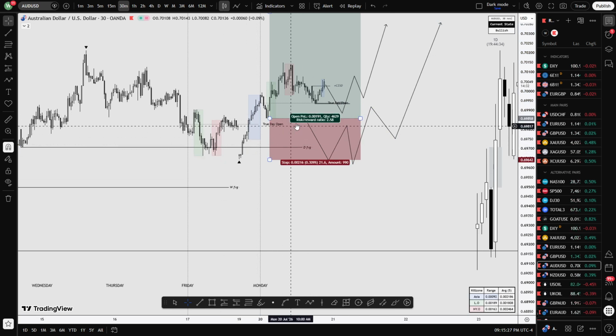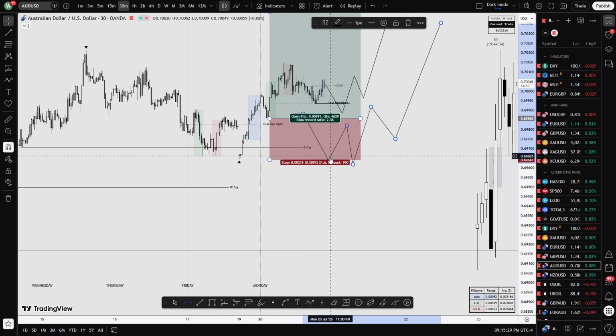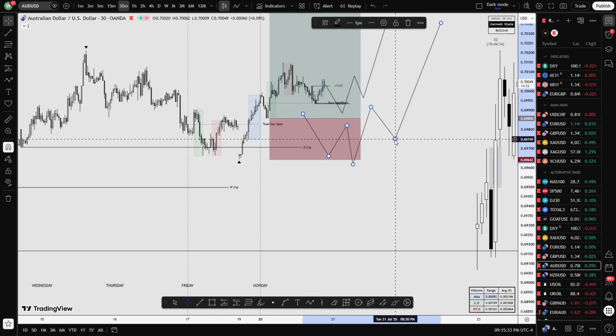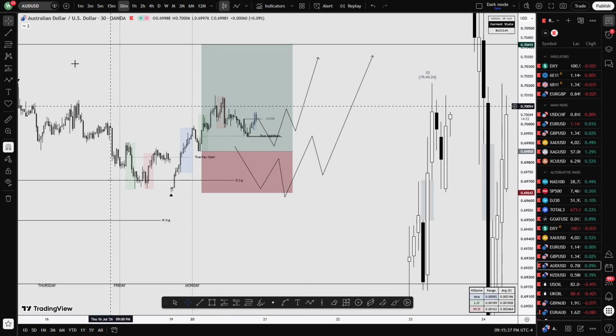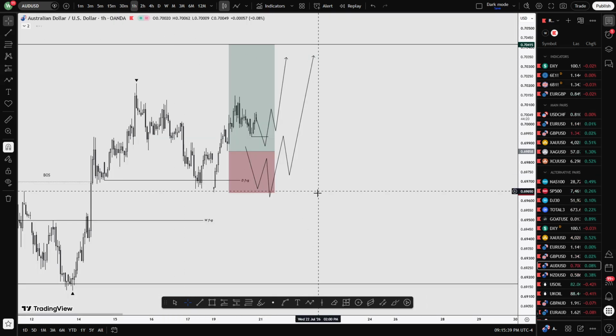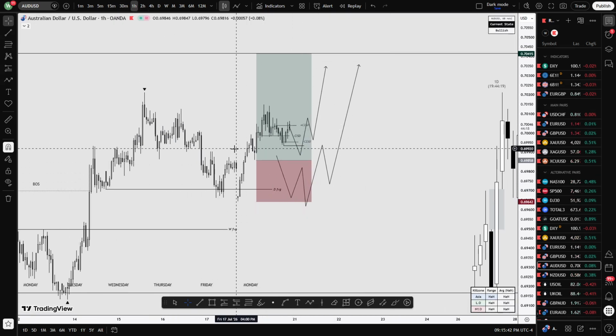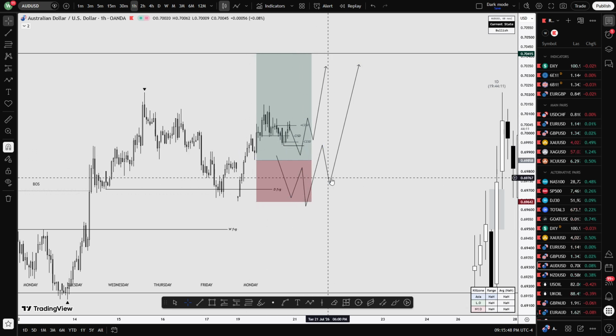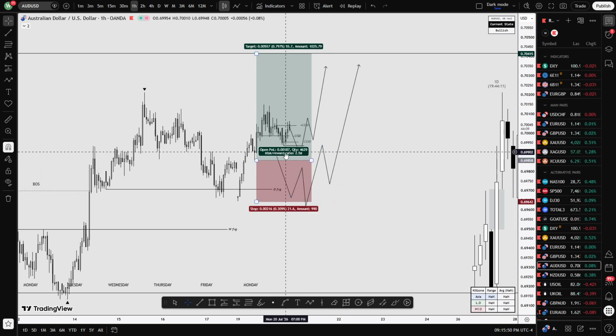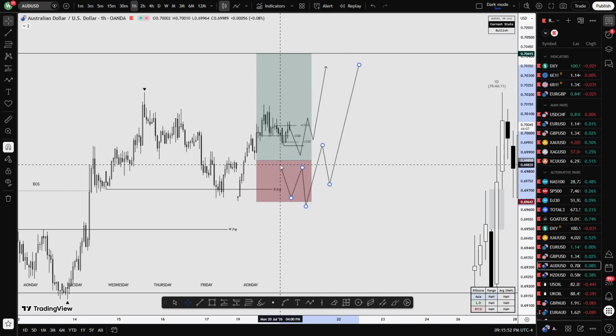We could see price trade back into this zone and then give us this. So two possible scenarios here. We could see price trading back lower into this zone and then giving us the break of structure and all that. Okay, so that's basically it.